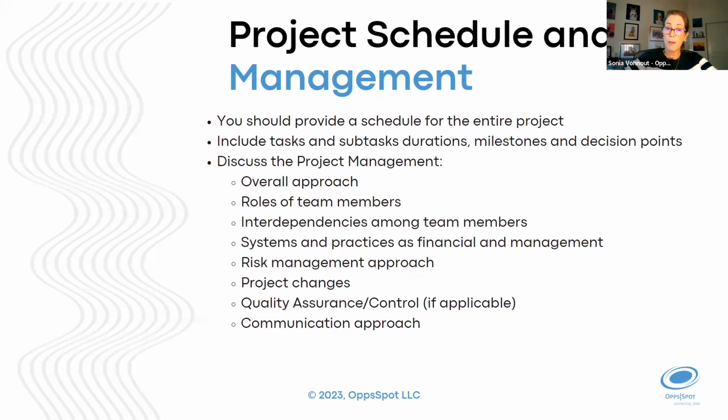What risk management approach are you going to be using? How are you going to address project changes? And if you have a quality management system in place, if it's applicable, describe it, right? And how are you going to communicate between your team members and your partners and your customer?